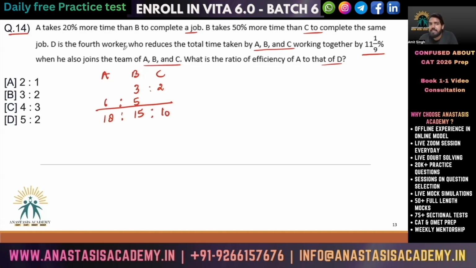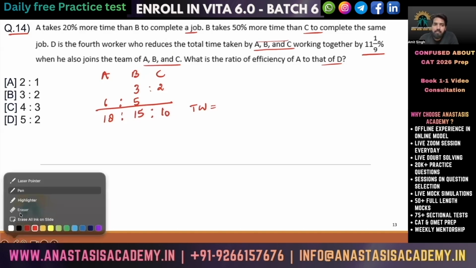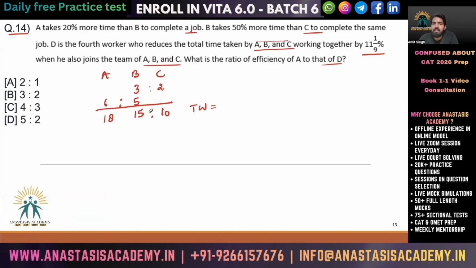Now, D is the fourth worker who reduces the total time taken by A, B, and C. So if this is the ratio of time taken by A, B, and C, can I assume the total work? I'm assuming the same numbers, that is 18 days, 15 days, and 10 days, as the data regarding the number of days taken by A, B, and C. Because we need to find the ratio of efficiency, it does not matter whether I take the actual value or the units, or any number for that matter.